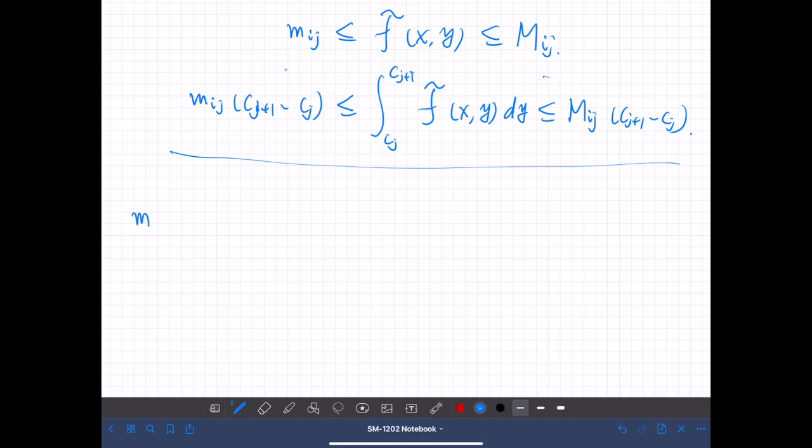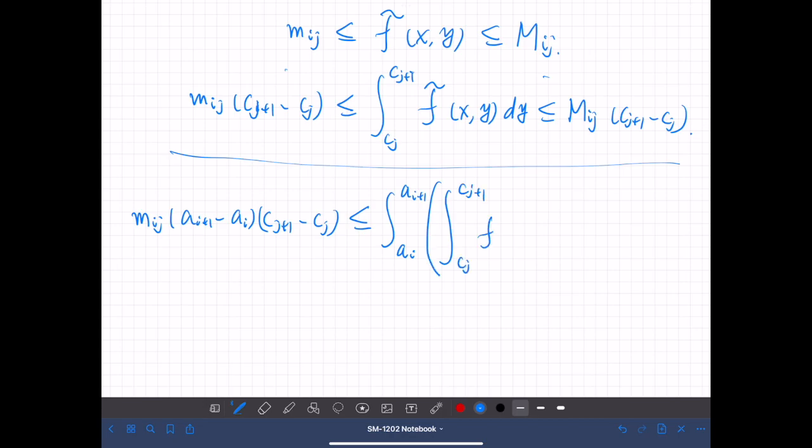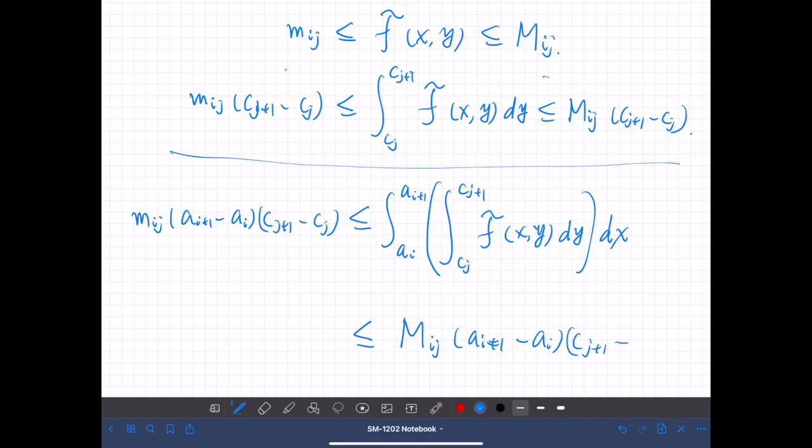So we have (ai plus 1 minus ai) times (cj plus 1 minus cj) times mij less than or equal to the double integral of f tilde dy dx, and this is less than or equal to uppercase Mij times (ai plus 1 minus ai) times (cj plus 1 minus cj).